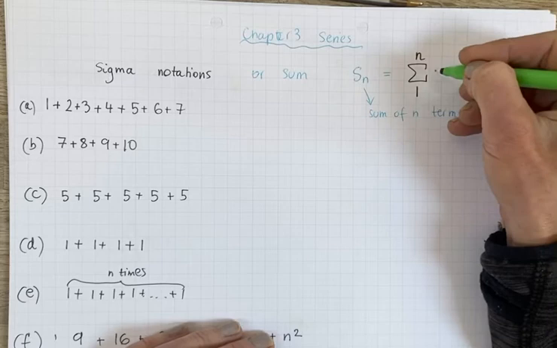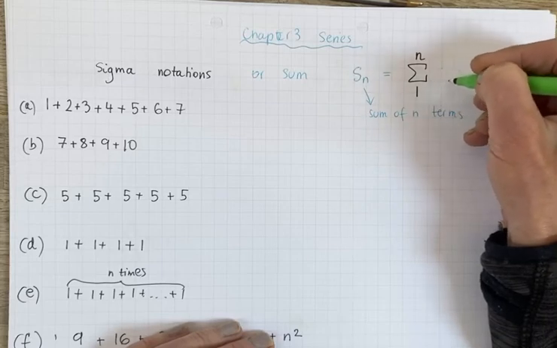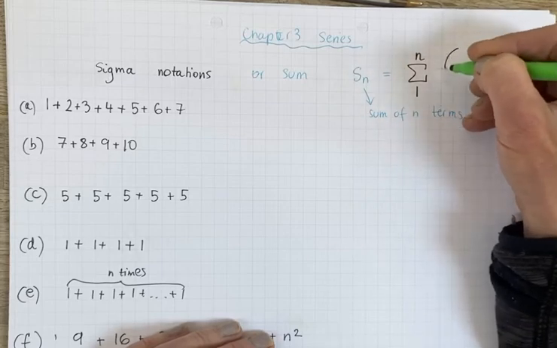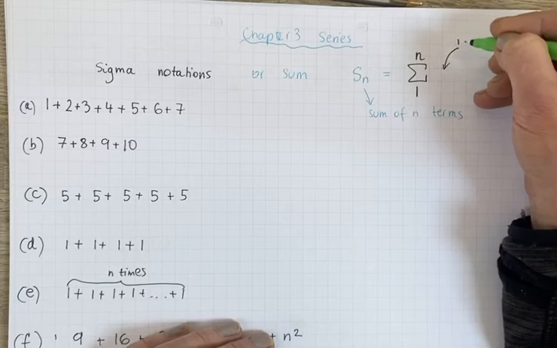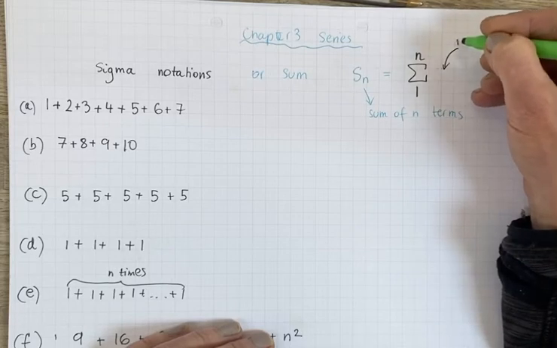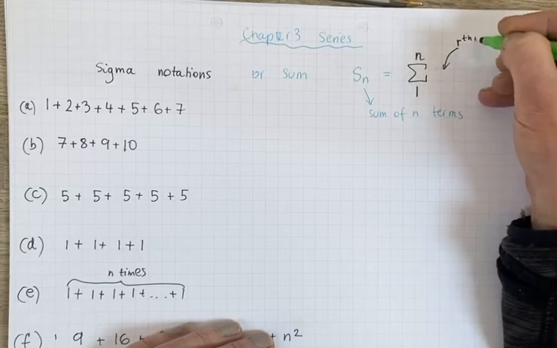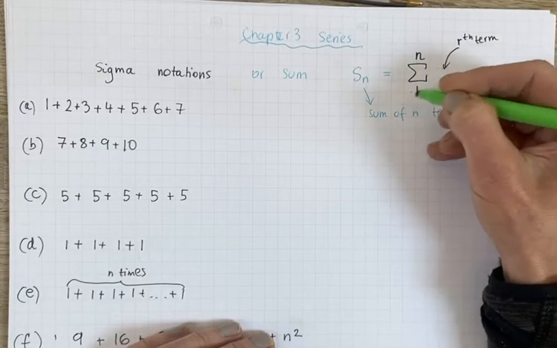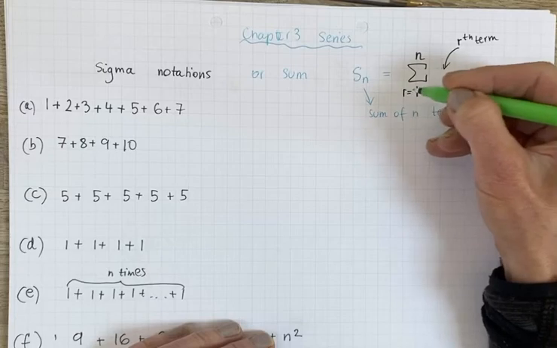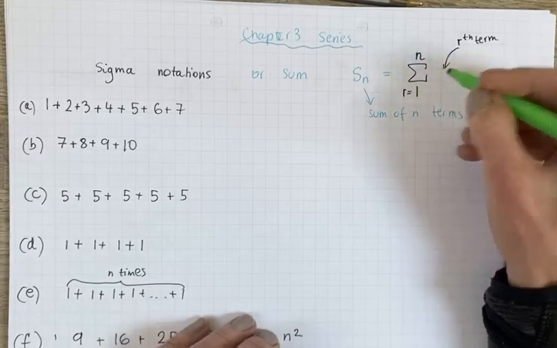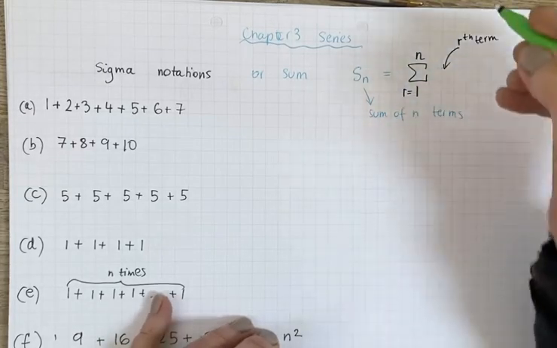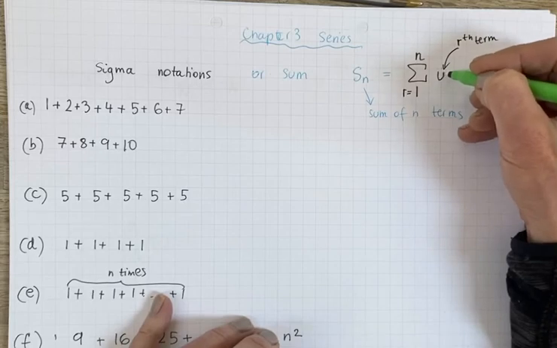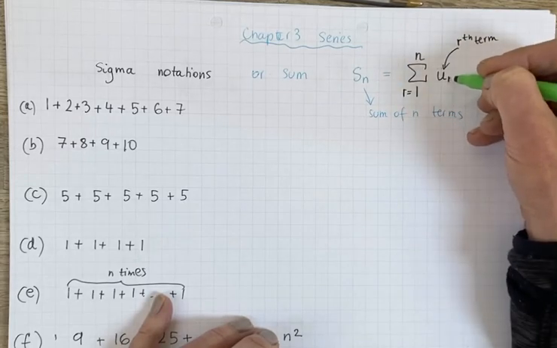However, we've got to write down the rule for the nth term. So here you will have the, I'll call it rth term, and you will see why. Because we've got to put r equals 1, because it's our dummy variable, and we're going to just write a general ur.